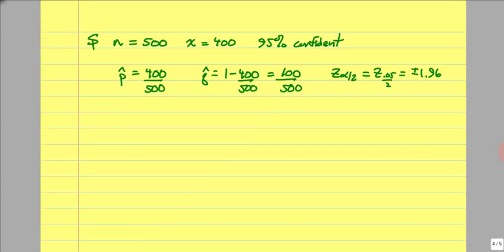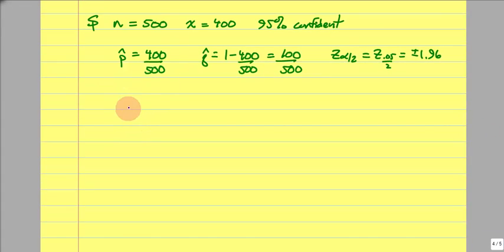So let's go ahead and build that confidence interval now. The general form for the proportion is p hat plus or minus z alpha over 2 times the square root of p hat q hat over n. So again, this is my point estimate, this is my margin of error. As I'm building this, my point estimate was 400 over 500, and we don't want to do any rounding until we're completely done.